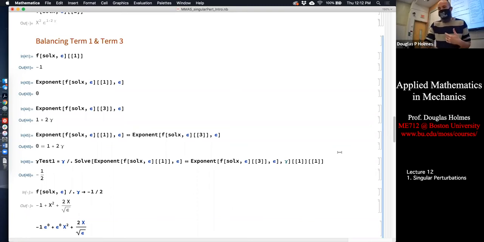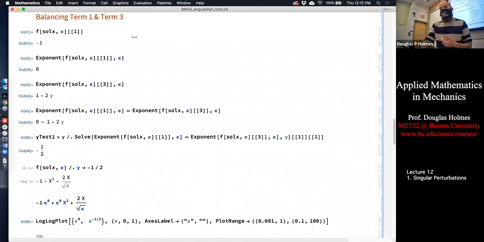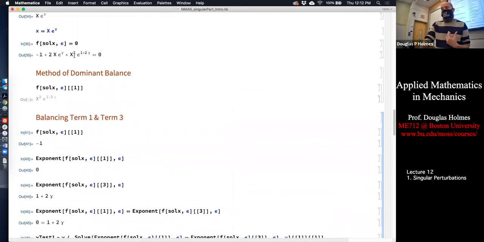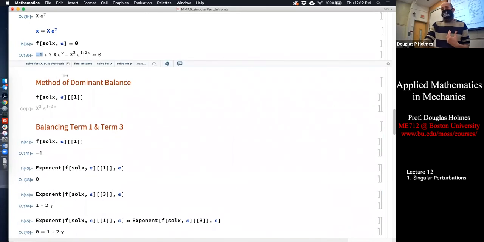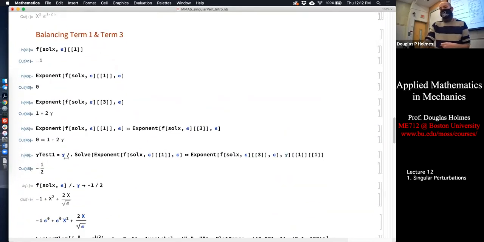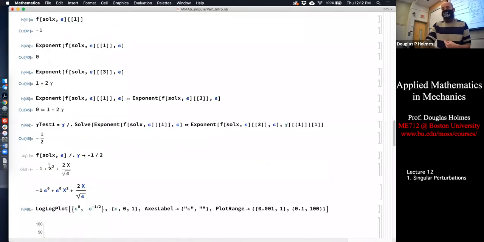So we have two options to try to balance that unknown gamma term. The first is to balance it with this term, which is multiplied by epsilon to the 0. If we do that, we find a gamma of -1/2.